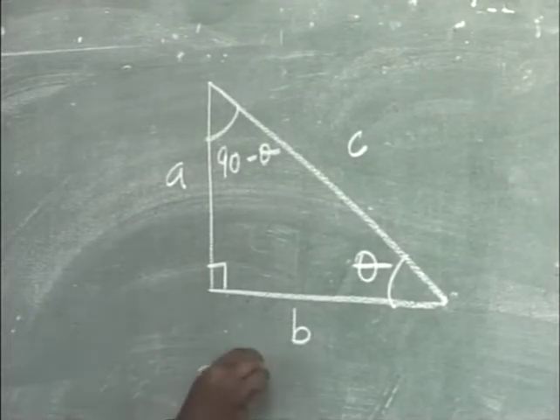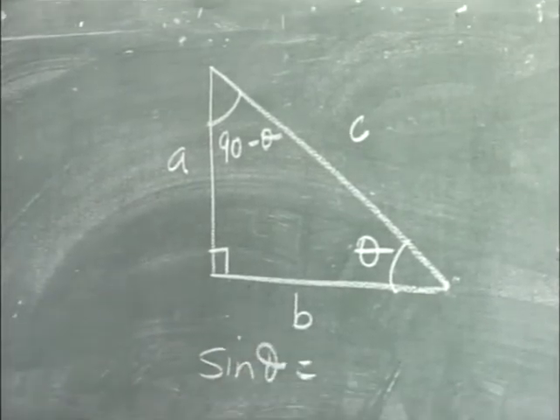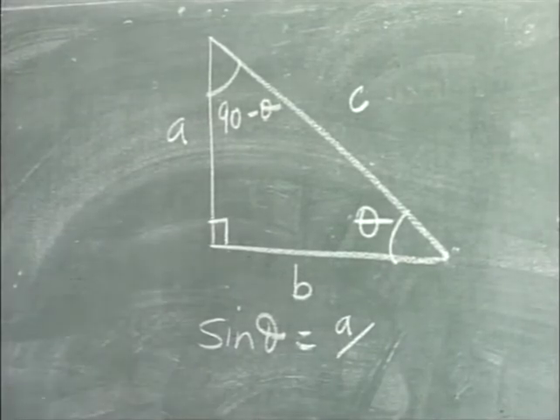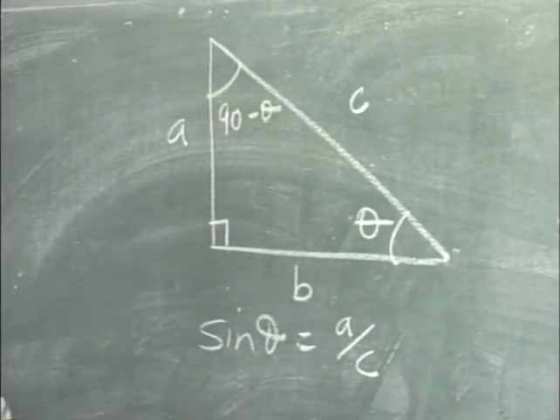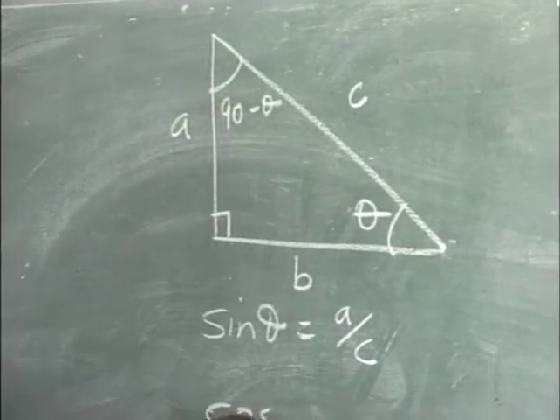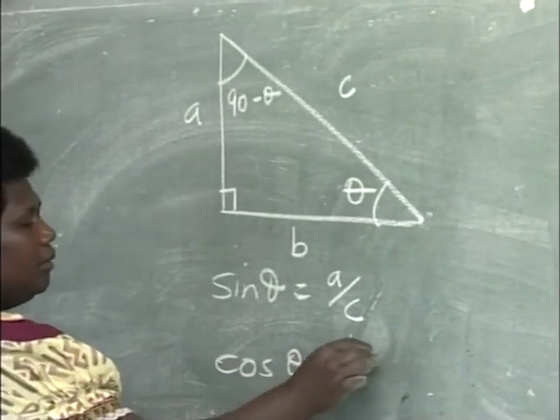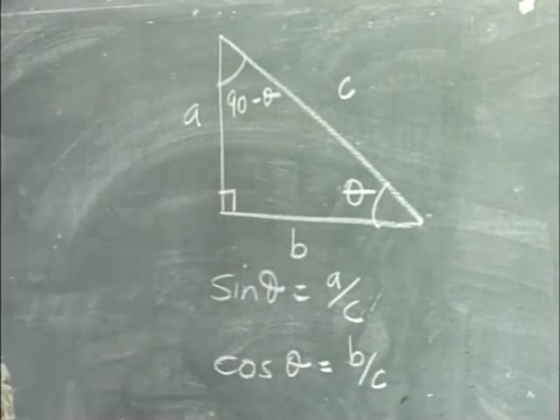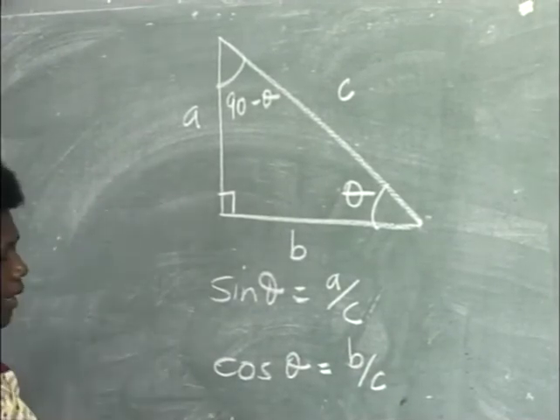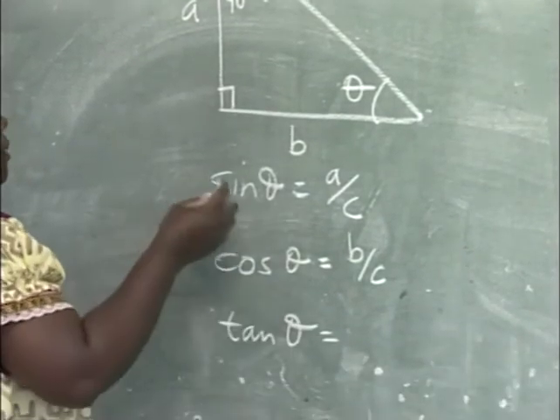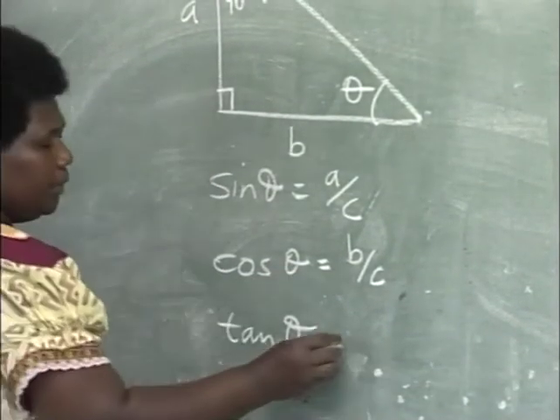Sine of angle theta, we all know, is opposite over hypotenuse, which is A over C. Cos of theta is equal to B over C. And tan of theta is equal to A over B.